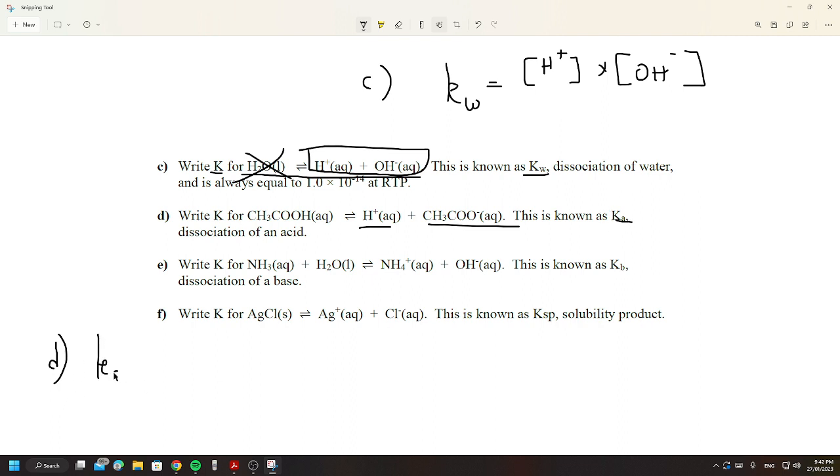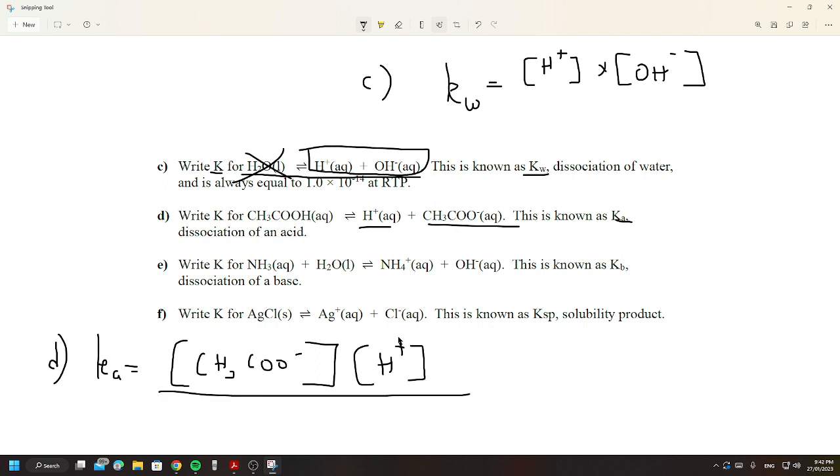So Ka equals the concentration of CH3COO minus times H plus over the concentration of CH3COOH. That's it.